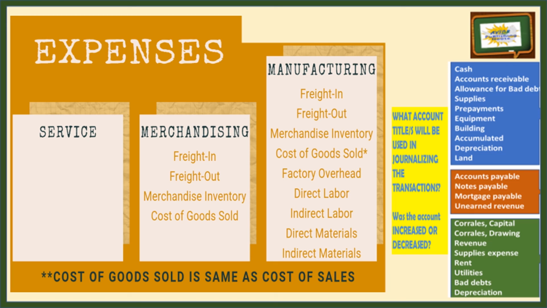But along with merchandise inventory and cost of goods sold, there are items under manufacturing business which are not found in merchandising, and these are factory overhead, direct labor, direct materials, and indirect materials, which are costs used in the manufacture of goods. So the simplest is the service. More complicated is merchandising, and the most complicated is the manufacturing business.